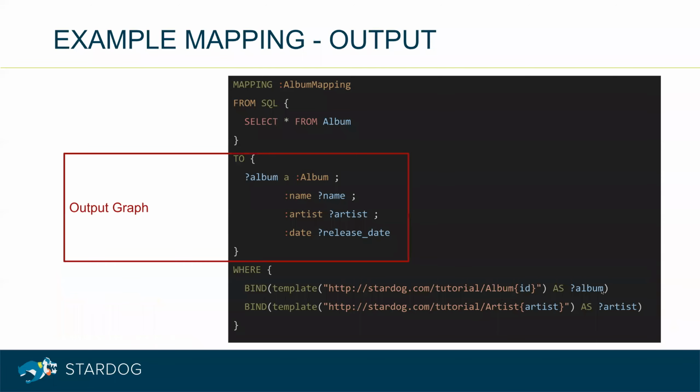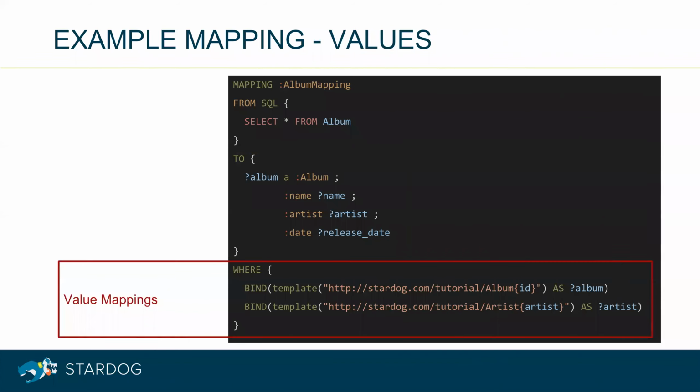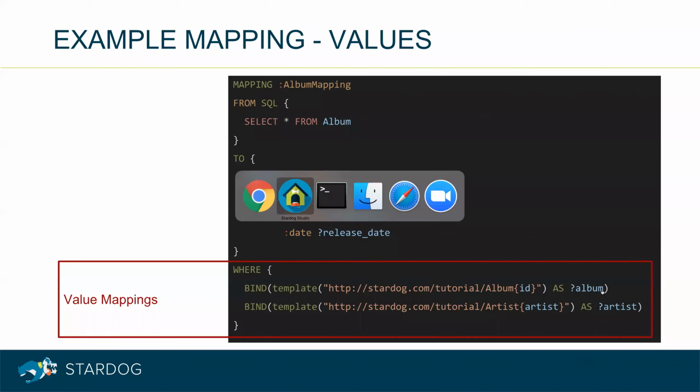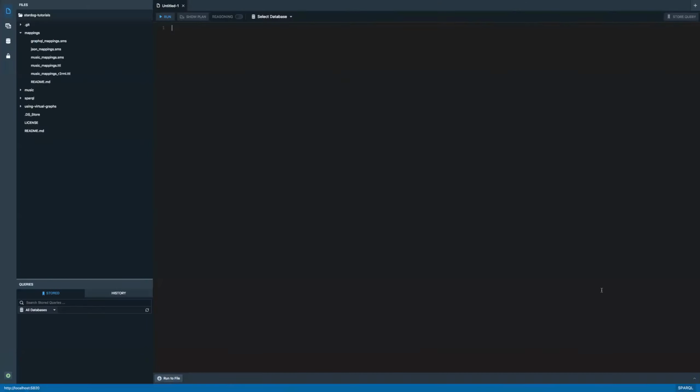And in the previous section, we see the album variable becomes the subject of these triples. So it's the same kind of information represented in RDF in a slightly different syntax. And now let's switch to Stardog Studio, which is the IDE we use for interacting with Stardog.